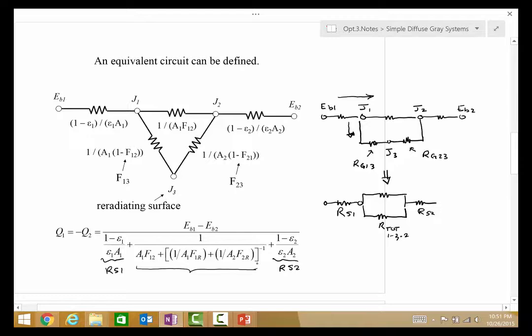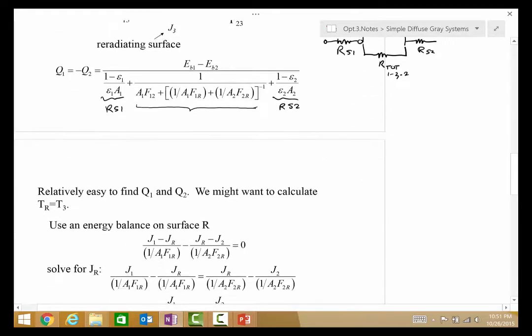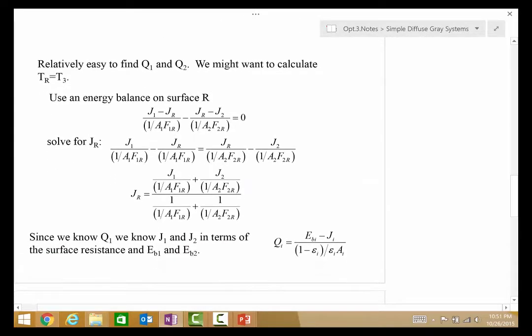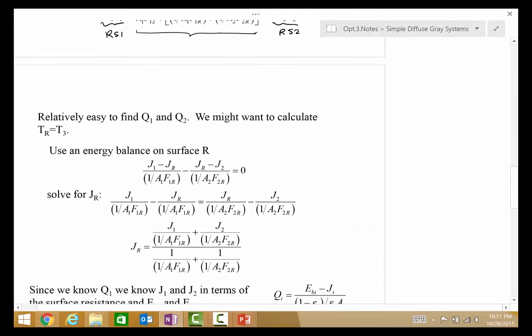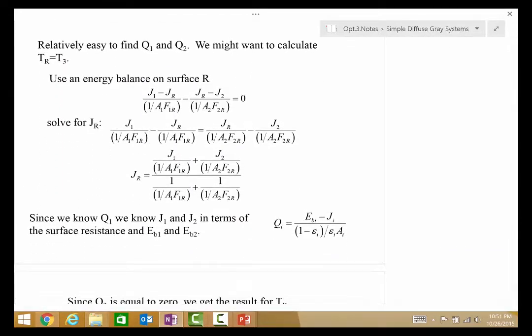So this is a standard type of problem that you should be familiar with, and you should be able to derive these results and use them. Given what we show up here, it's relatively easy to find Q1 and Q2. We might also want to calculate T3.